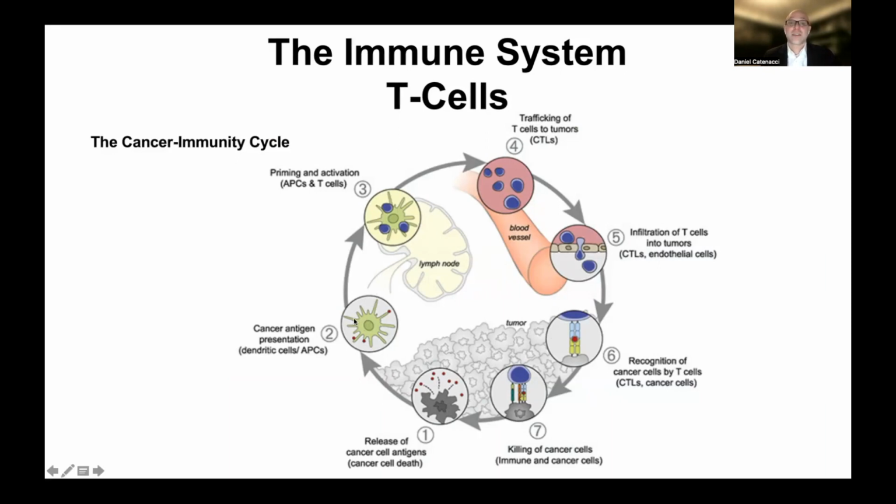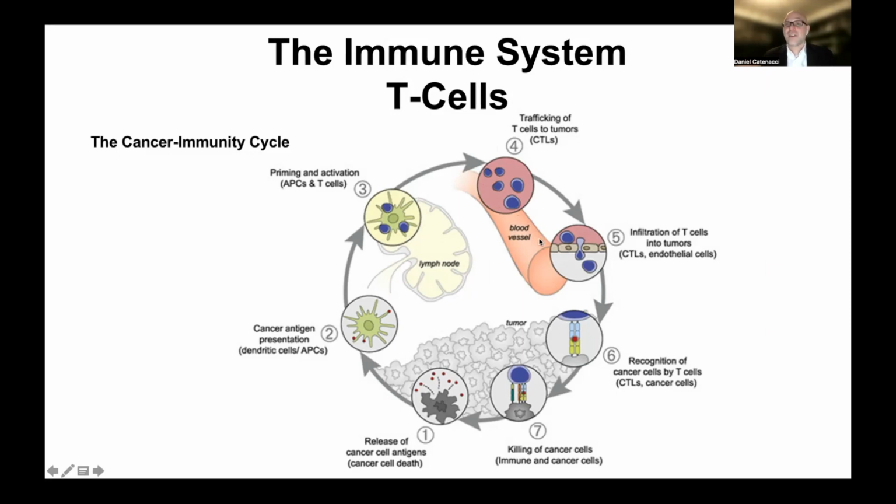One key cell there is called a dendritic cell, which is a professional antigen presenting cell, will suck those proteins up and express them on their receptors in MHC class 1 or 2 molecules. And if it's an MHC1 molecule, then it will recruit and bind to cytotoxic T cells, and this will select for that specific T cell receptor that recognizes this antigen and create an army of those T cells that then get back out into the bloodstream.